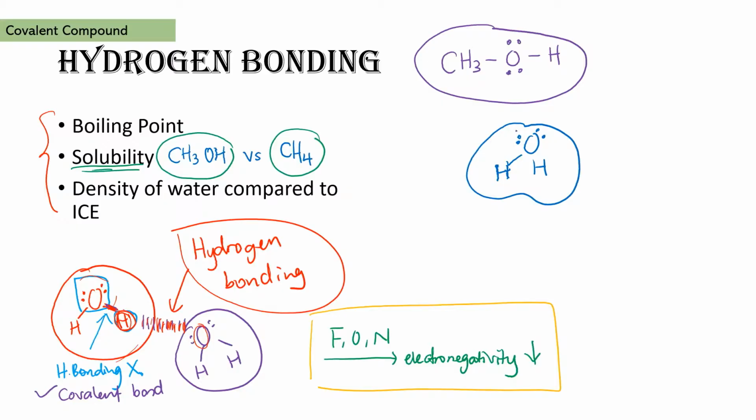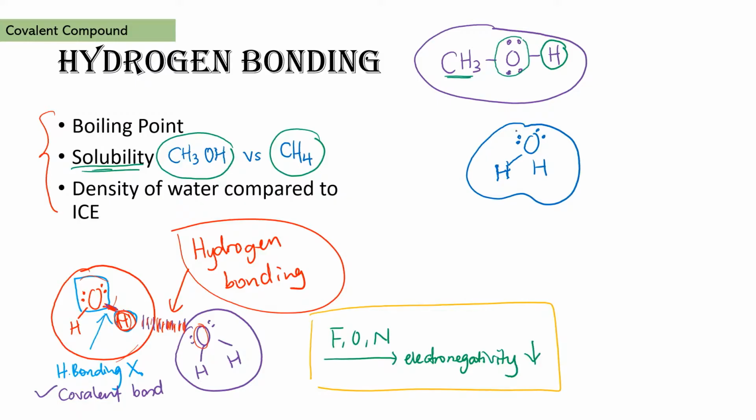The first example I would like to explain here compares methanol in water, whether methanol is able to dissolve in water or not. First we consider this hydrogen atom, whether it is directly attached to a highly electronegative atom or not. Yes, with oxygen.